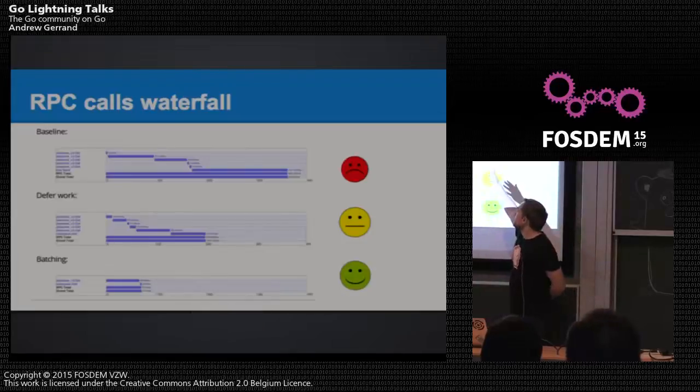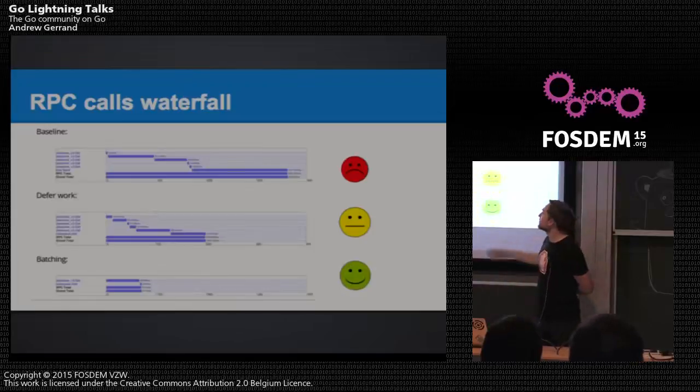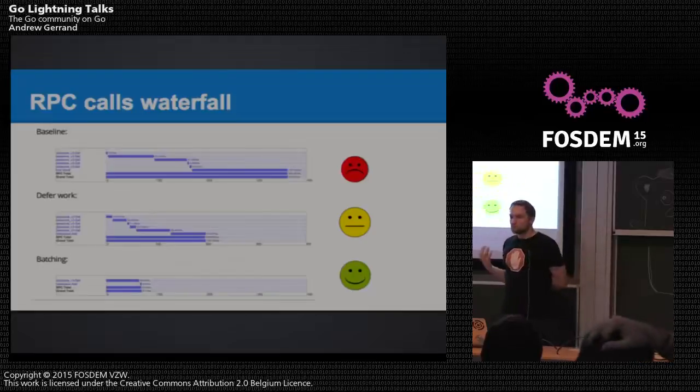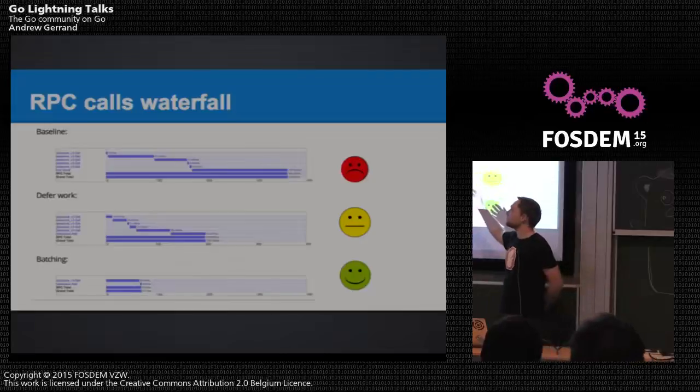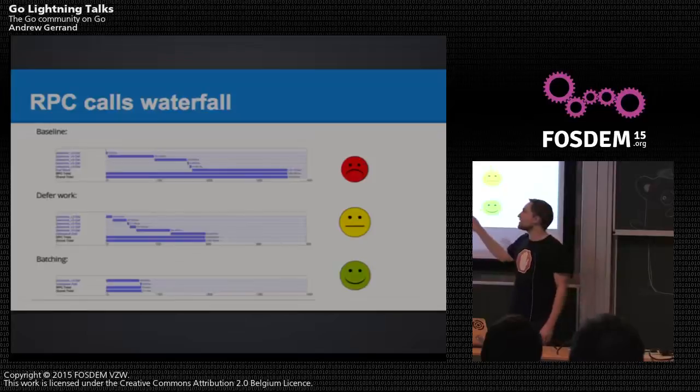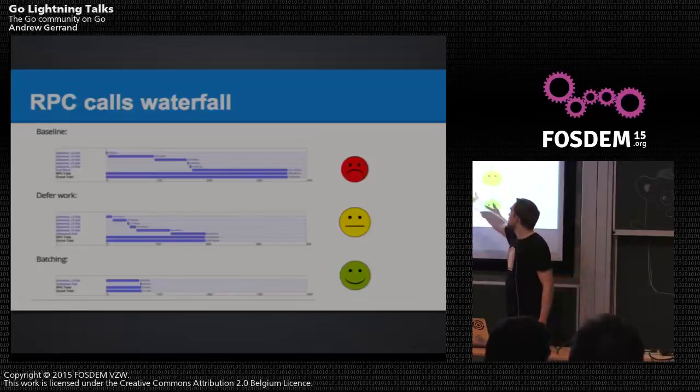Here you have a bad request because it will take 400 milliseconds to process because of a few RPC calls. So you can cut that in half by deferring some work, like, I need to send a confirmation email about that action. Well, maybe I can do that later after the HTTP response, and you should. So it's better.